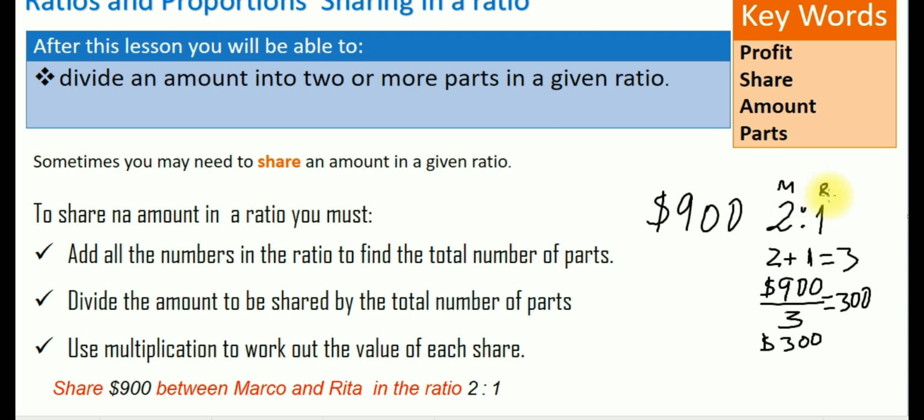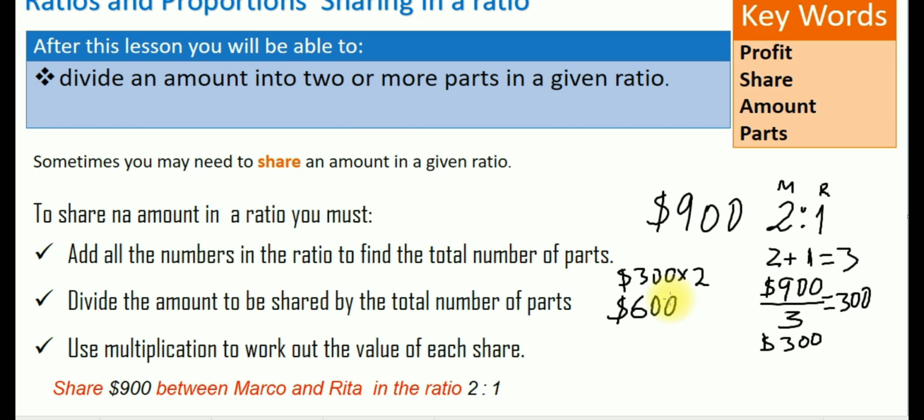So you multiply 300 by 2 to get the amount of Marco, which means Marco will get $600.